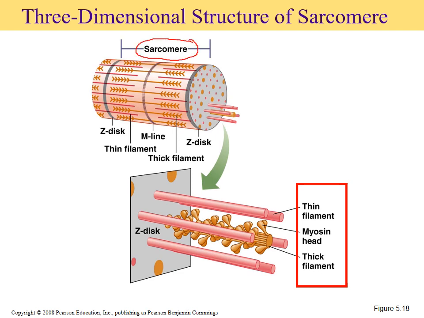And as you continue to zoom in, that is then where you would see your thin and your thick filament interacting with each other. Your thin filament, once again, made out of actin, the thick filament being full of the myosin with the heads that are trying to make their cross bridges and their power stroke.